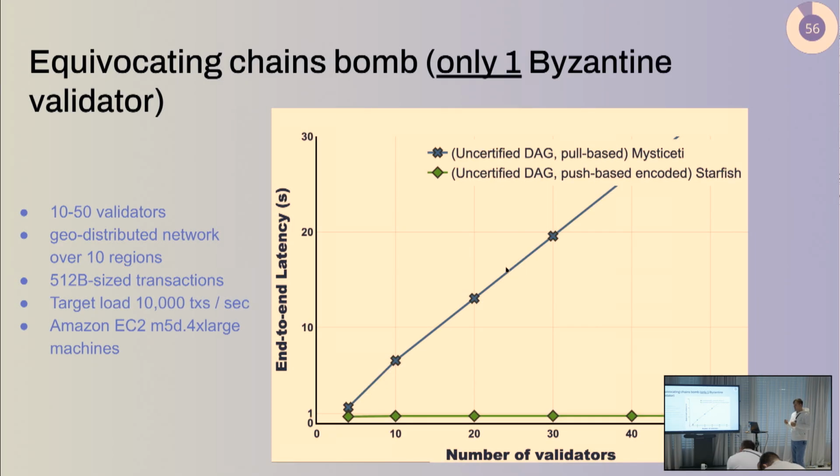And in some attack scenarios, when we have some Byzantine validators that send the data exclusively to some, not all, validators, it's a specific attack which is very similar to slow validators that send their chain of blocks exclusively to some validator. We can see that Mysticeti doesn't have good resilience. It has much higher latency compared to Starfish, whose performance does not go down with Byzantine validators in the network.